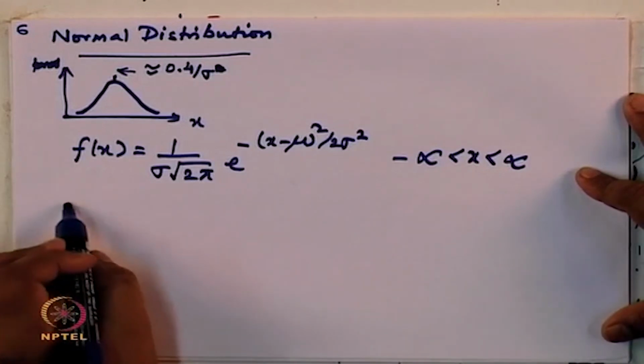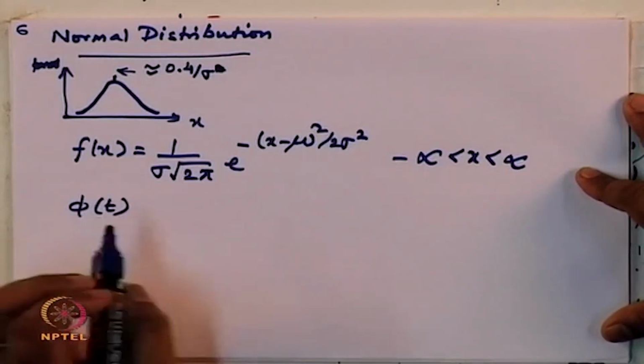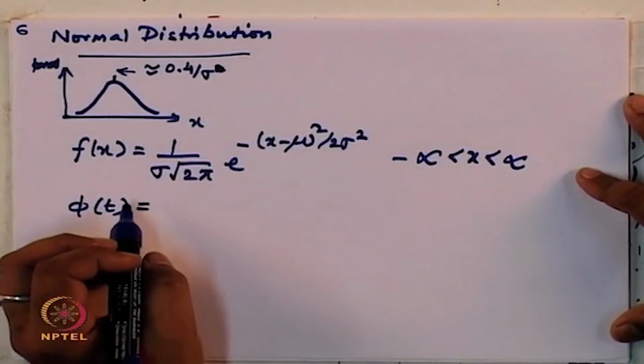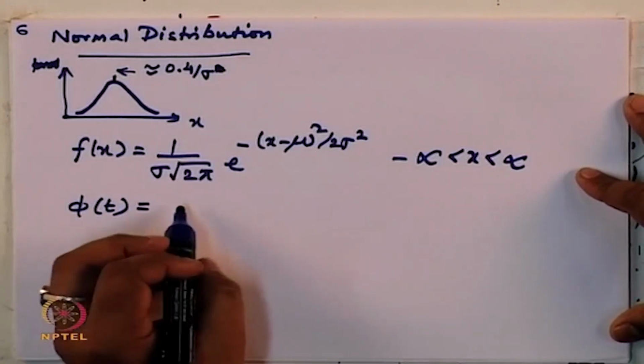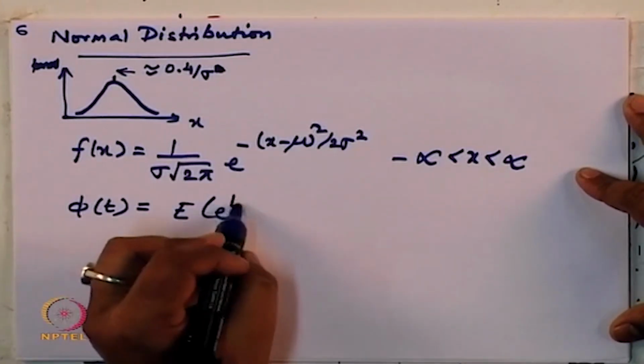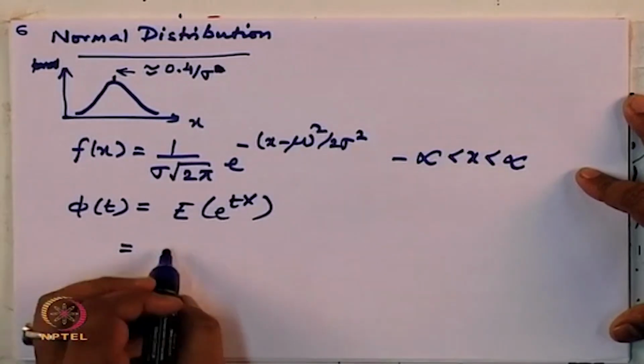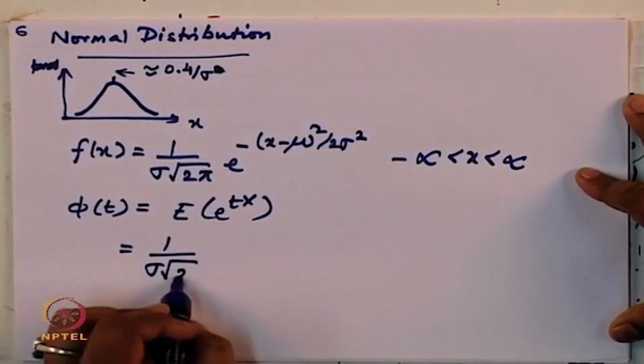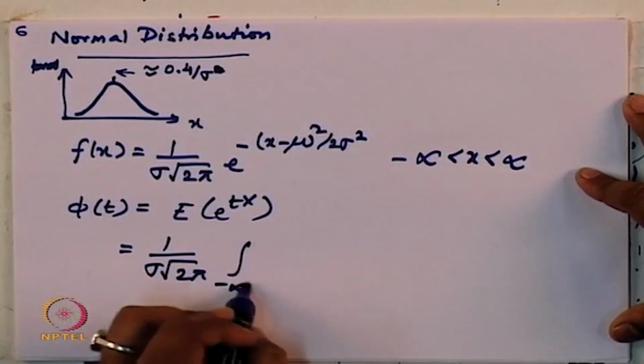For that, again we can use the moment generating function. This is equal to the expectation of e to the power t x; the 1 by sigma root 2 pi I can take out, as this is a constant.